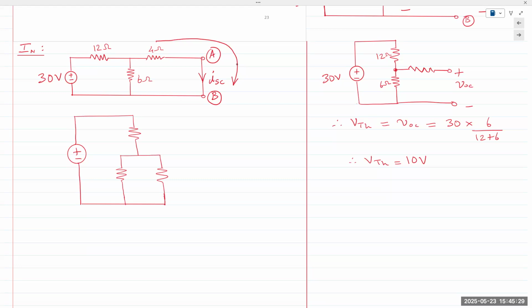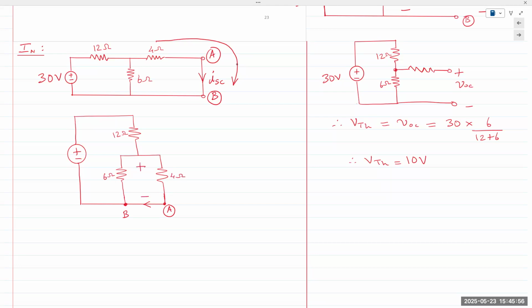A and B are here. This is A and this is B. All became one single node, obviously. So this is 12 ohms. This is 6 ohms. And this is 4 ohms.